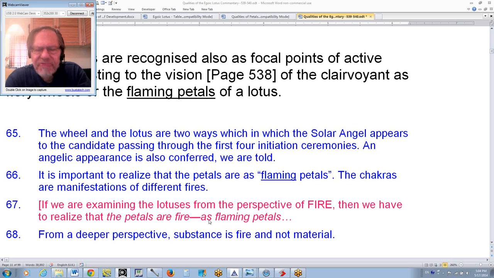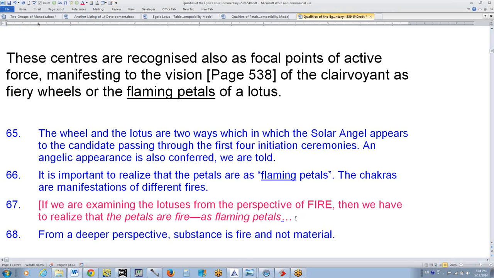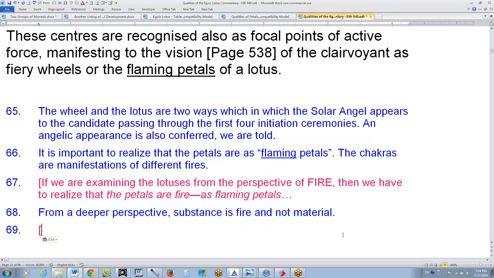So substance is fire, really. There's really nothing that's material at all. It's just our rather veiled perception that makes us perceive apparent materiality instead of fire. The whole outer world is fire also, and maybe one day, well, almost certainly one day, will be so perceived. So materialism is just a limitation of perception.